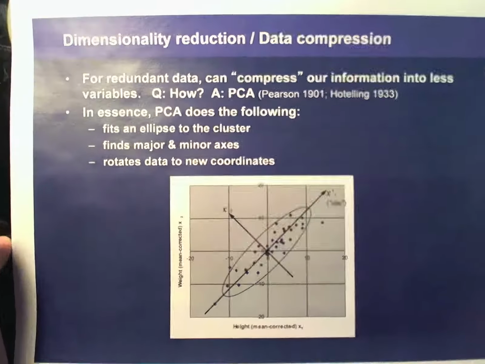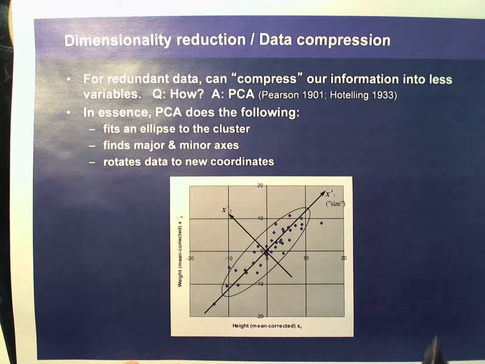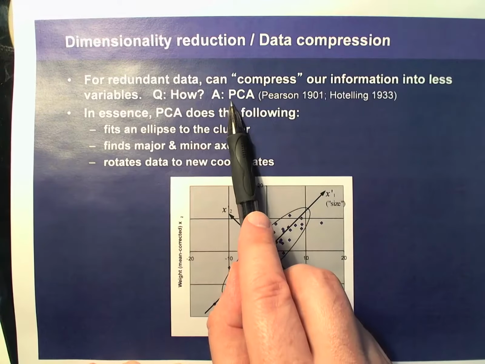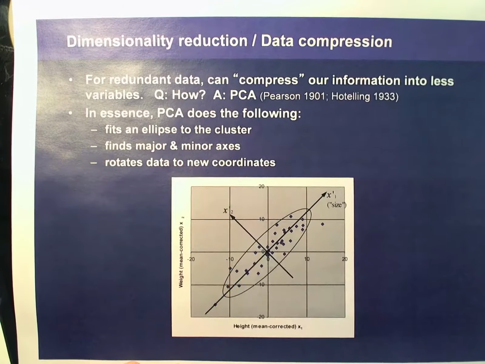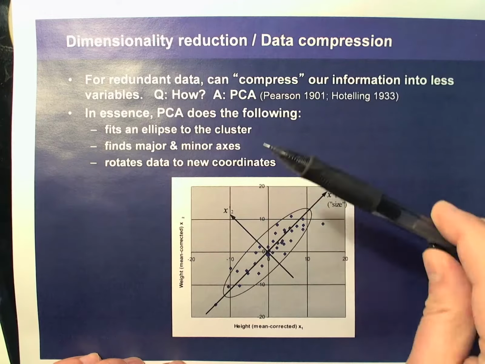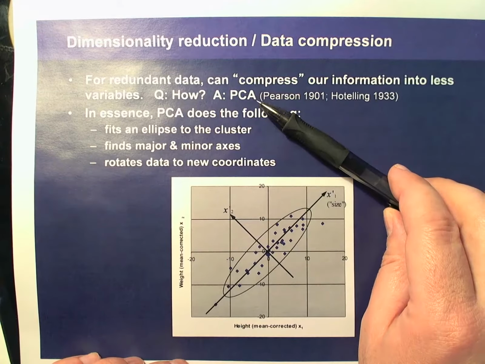So how is it that we can actually utilize this observation to do some kind of compression? The answer is we use this method called principal component analysis, or KL transform. Don't be confused here. These are just two different names for exactly the same thing.